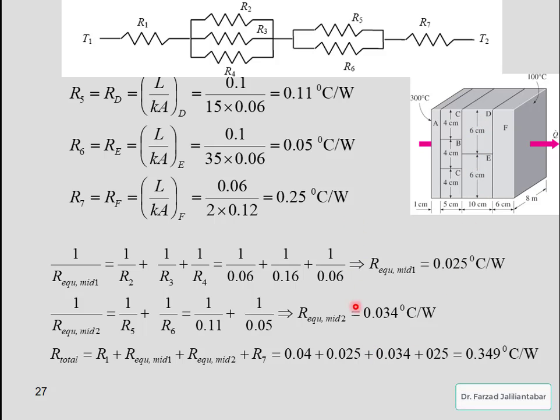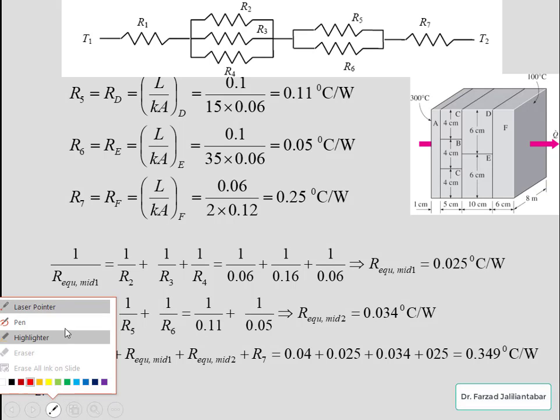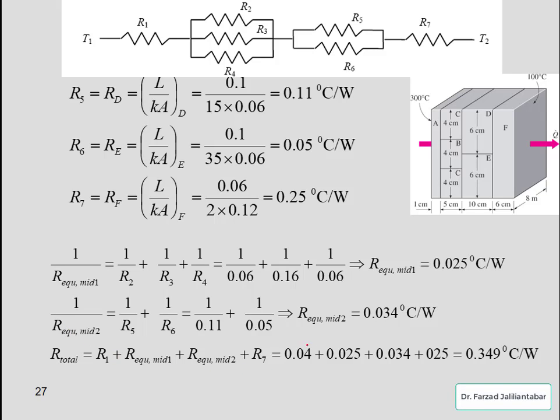Then finally for this part we will have something like this. Let me draw this for you. After this we will have something like this. This is R1. Then for this part we have R equal mid 1.